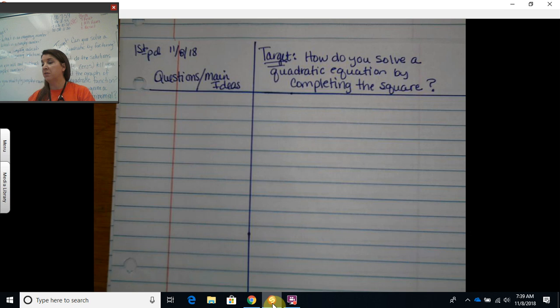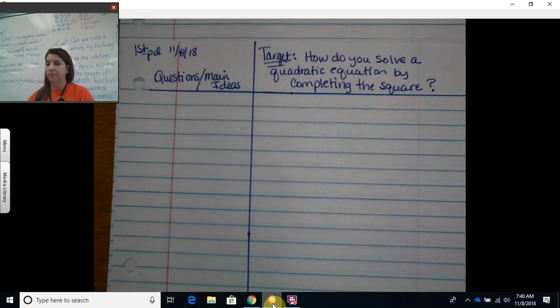It doesn't mean there's not a solution, but you're not going to be able to factor it to find the solution. So factoring does not always work. A method that does always work is the completing the square method. It's not the most fun method, but we have to know how to do it.